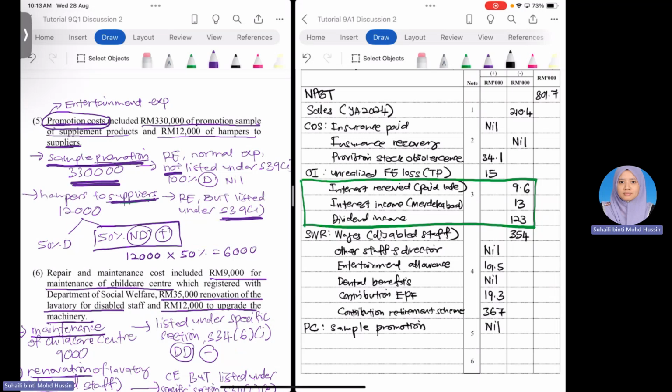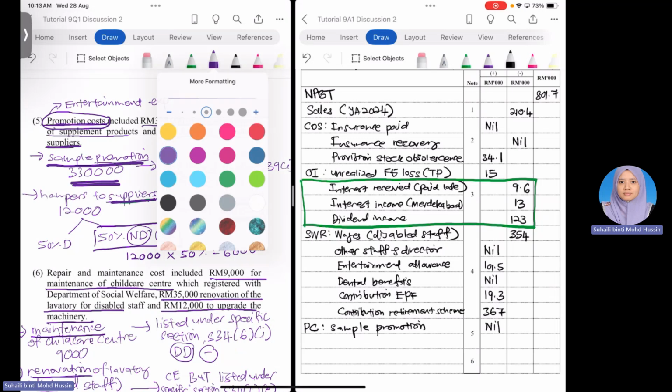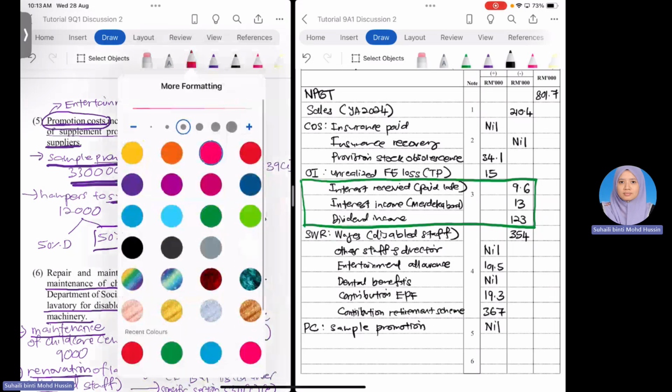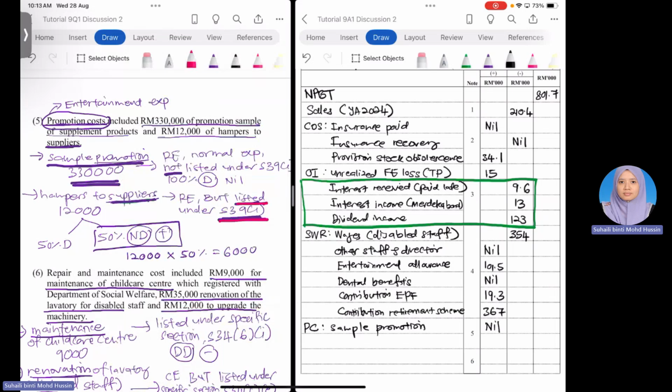Okay, another item that you include under number 5 is hampers to the suppliers. So hampers to the supplier are also part of entertainment expenses, revenue expenditure, but this type of entertainment expenses is listed under prohibited deduction section 39 subsection 1. So when listed, only 50% is allowed for the deduction.